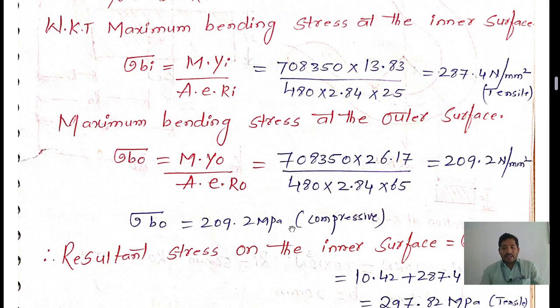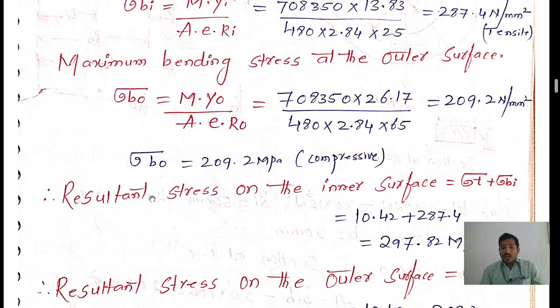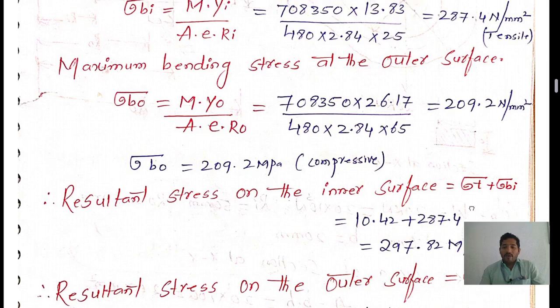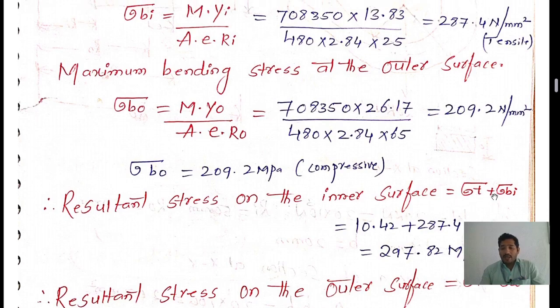So at the inner surface, the tensile force is acting. But our intention is to find the resultant stress at the inner surface, as well as the resultant stress at the outer surface. The resultant stress on the inner surface is the direct tensile stress plus the bending stress at the inner surface.